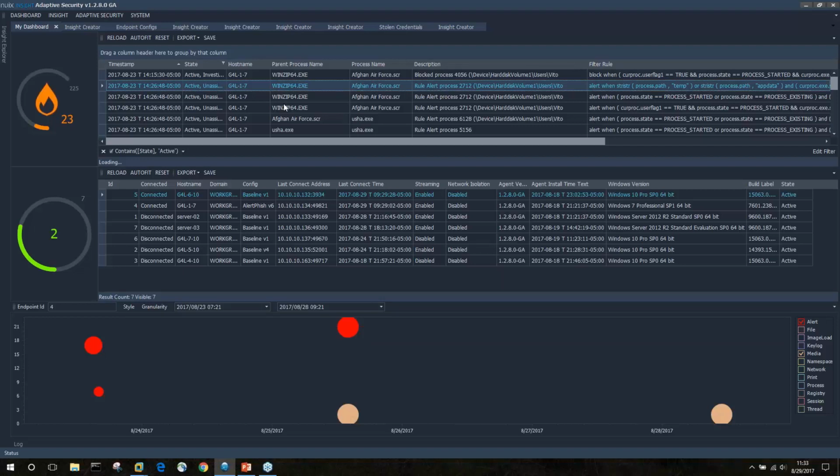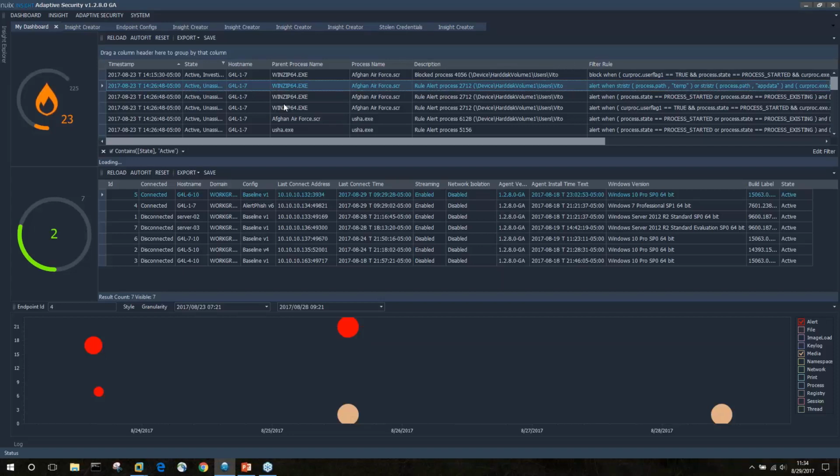So what I have here in my view is a set of alerts. Alerts are being generated in real time or near real time by agents on endpoints. They're alerting based on behaviors that they see that may be indicative of malware, of insider threat, or of some sort of elevated risk, perhaps malicious use of legitimate software on the network.